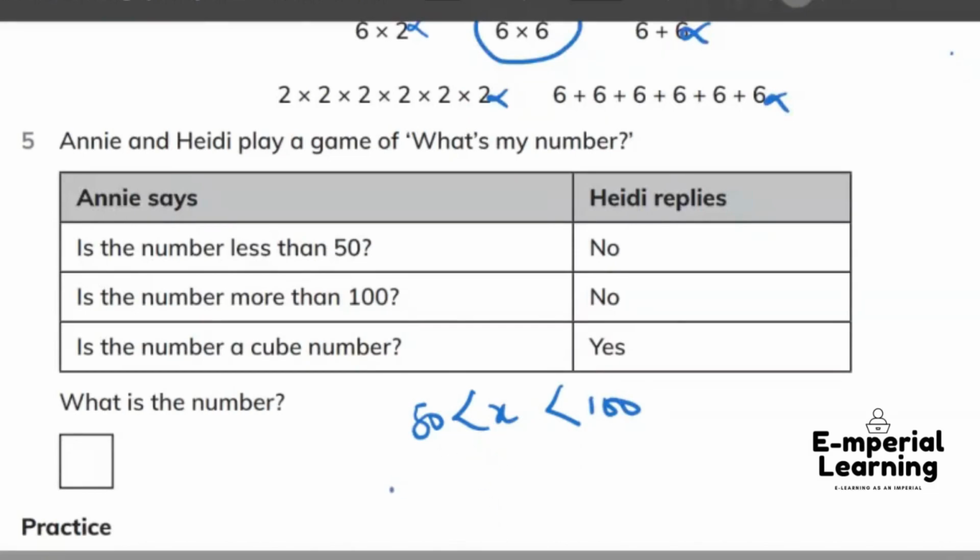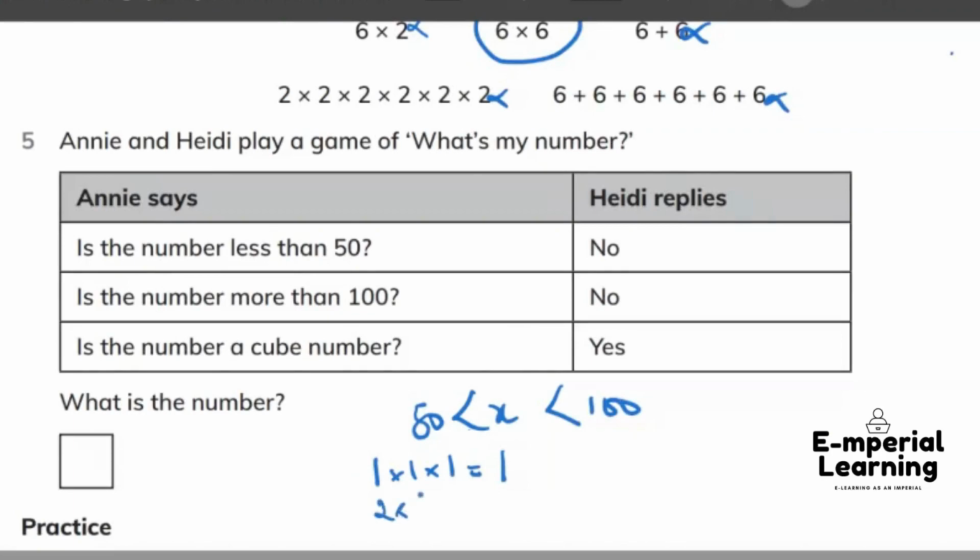So let's start. What's a cube number in the first place? A cube number is a number that multiplies itself 3 times. When we start from 1, 1 times 1 times 1 is going to give us 1. It doesn't fall in the range of our answer, so we ignore that.